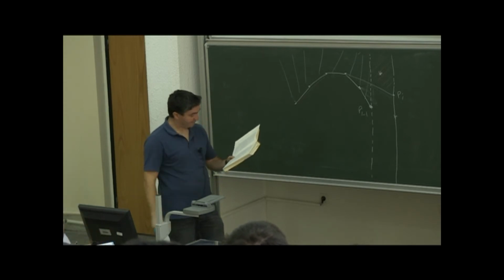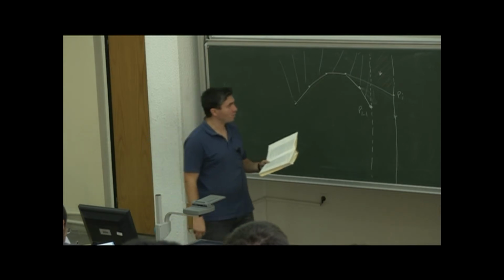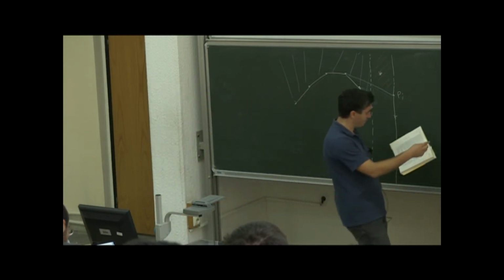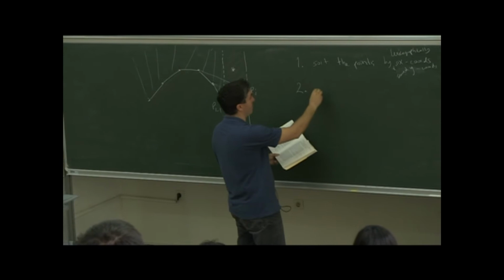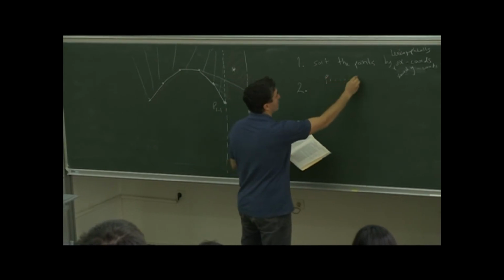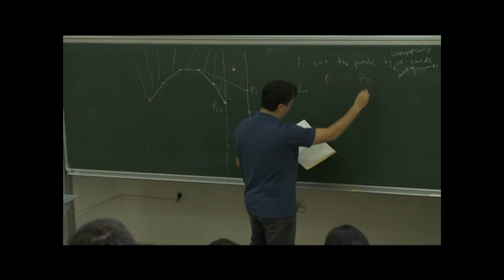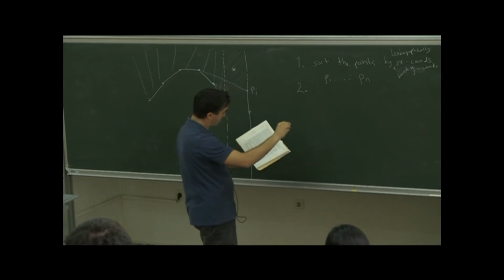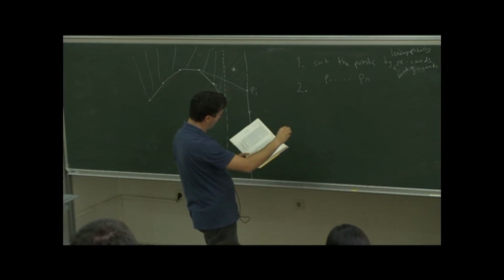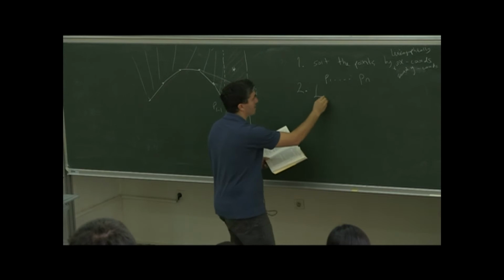Now, let the sorted points be from left to right, P1 to Pn. Then we first compute the upper hull, which we name L upper.